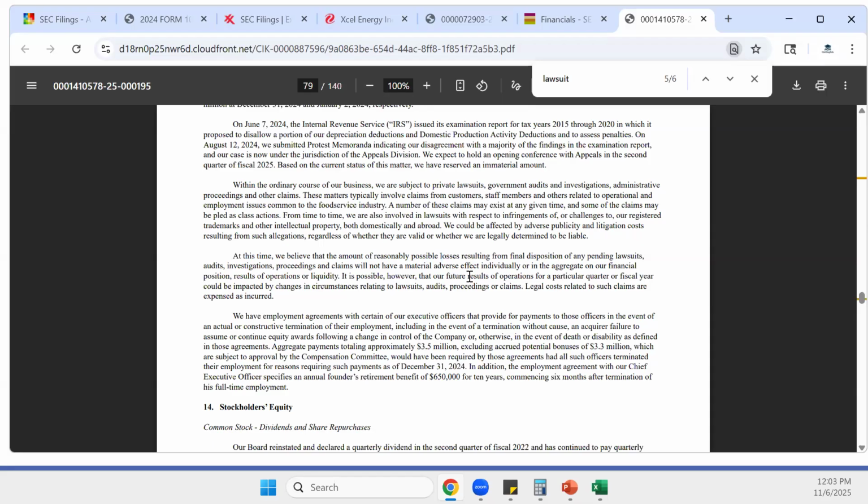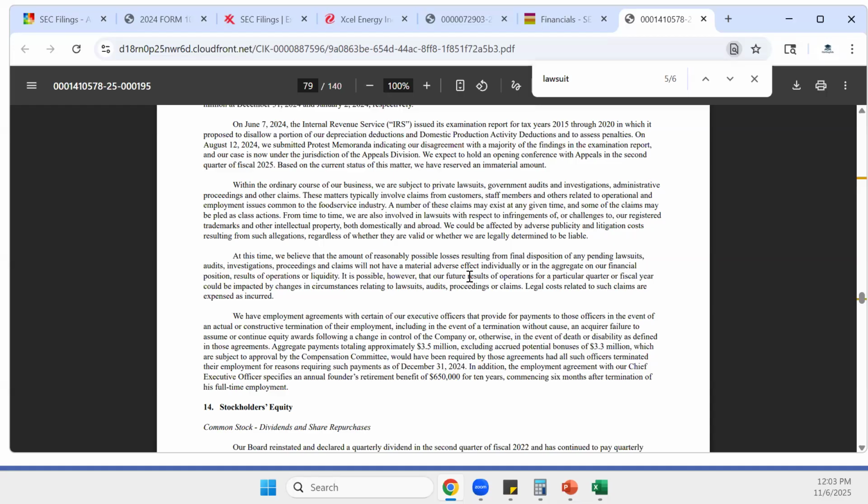Individually meaning a financial statement line item level, so cash, accounts receivable, liabilities. Like they don't think that it's going to cause any individual things to have an issue, any individual segments. If a company has a bunch of business segments, not one business segment would be impacted. And then also in aggregate, it's also not going to be affected.